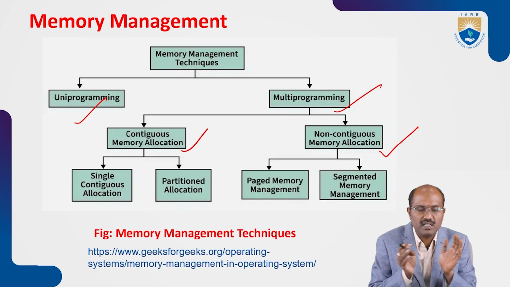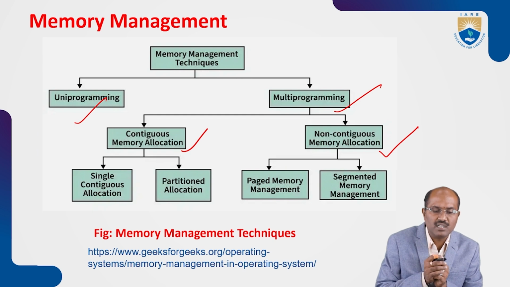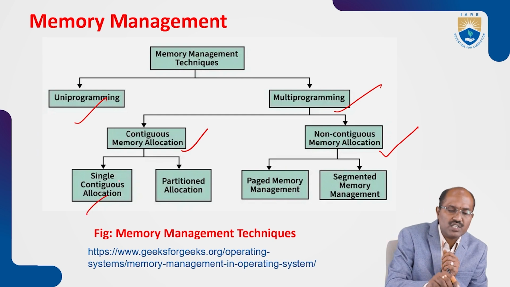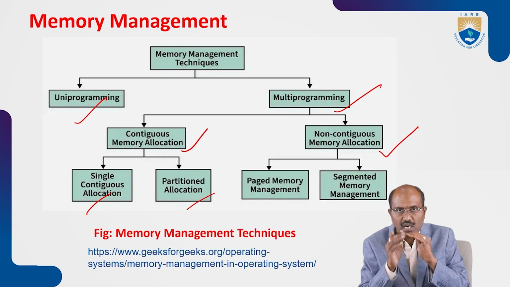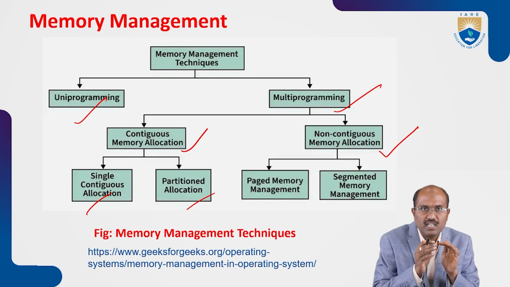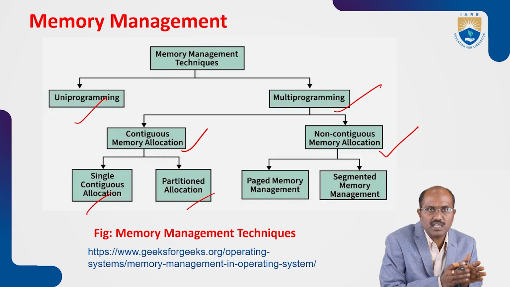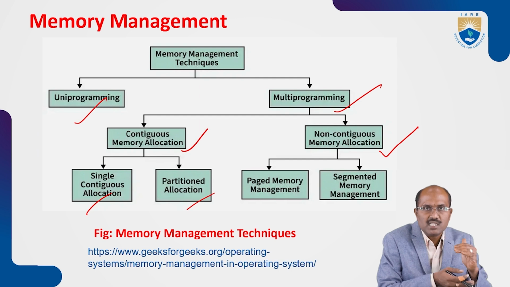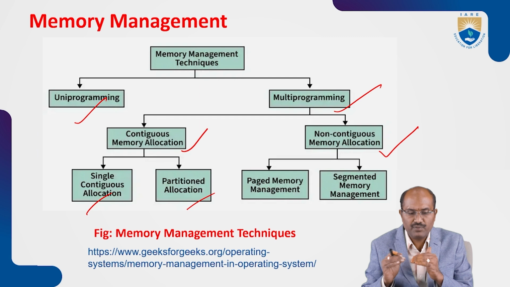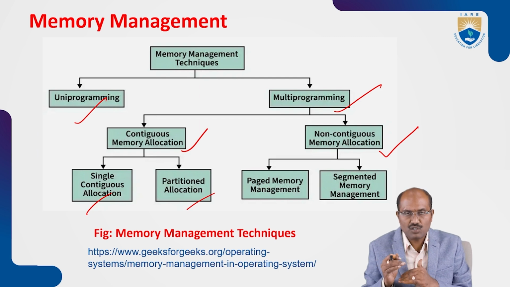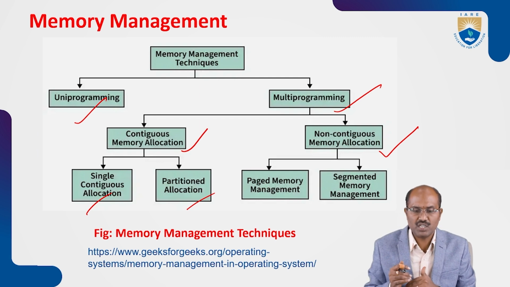It is again divided into single contiguous allocation and partitioned allocation. When the memory is a single part, it is single contiguous allocation. When it is divided into different partitions, it is called partitioned allocation.